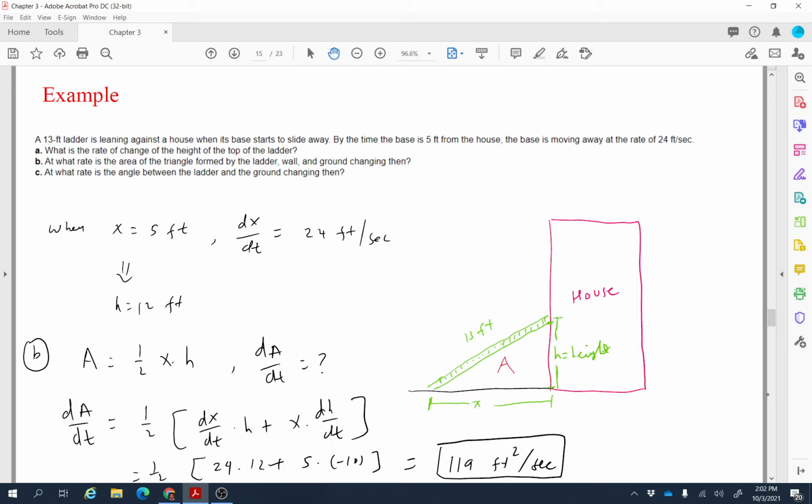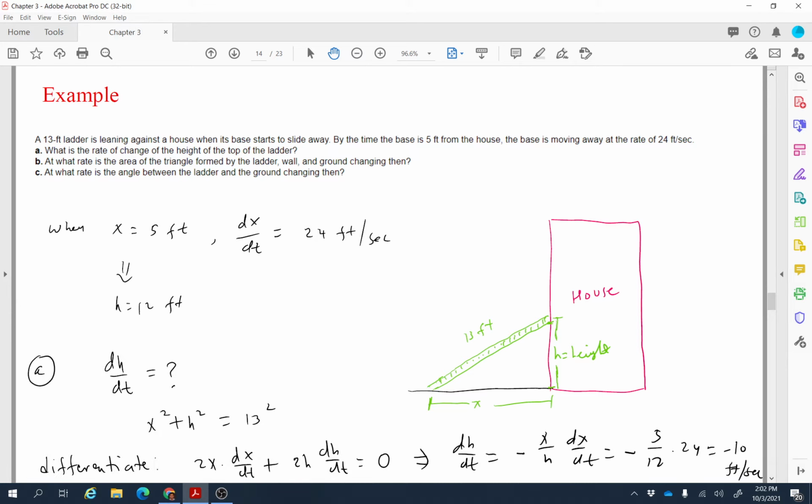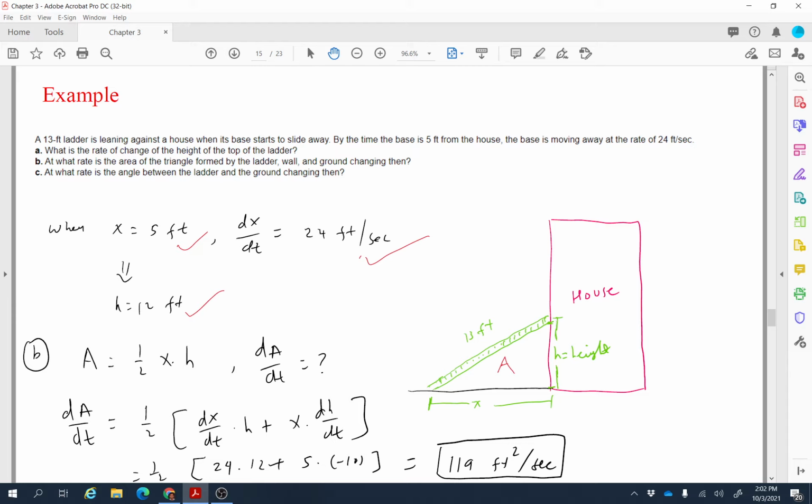Now we plug in the rate of change of x with respect to time, which is given here, times the height, which is given here, plus x, which is given here, times dh over dt, which we found in part A, which is negative 10. By plugging in these values and just using our calculator, the answer will be 119 feet squared per second.